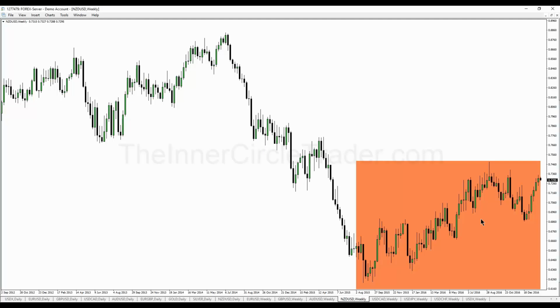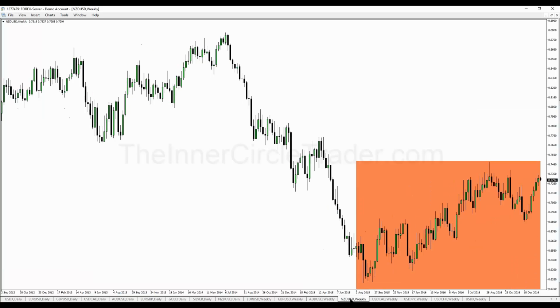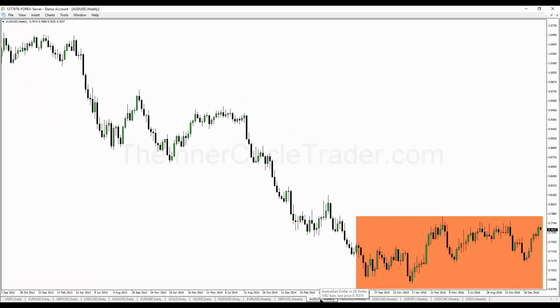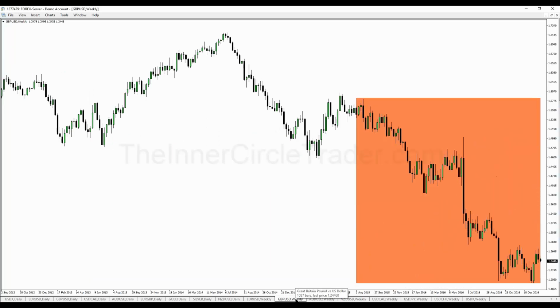It can't be argued that if you look at something like this versus the euro, or New Zealand versus the Australian, or even New Zealand with the pound. Now think about what this does. Imagine the relationship between the British pound and the New Zealand dollar.